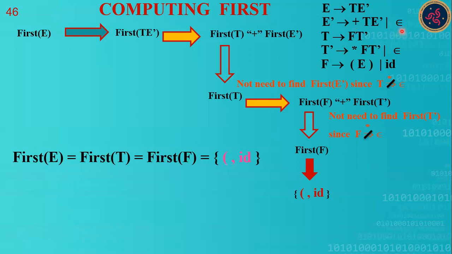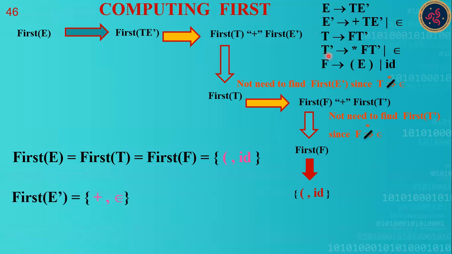Again, there is another production for E prime, that is epsilon. So E prime gives epsilon, and we have to consider epsilon also as a first value for E prime. So finally the first value for E prime will be plus comma epsilon.